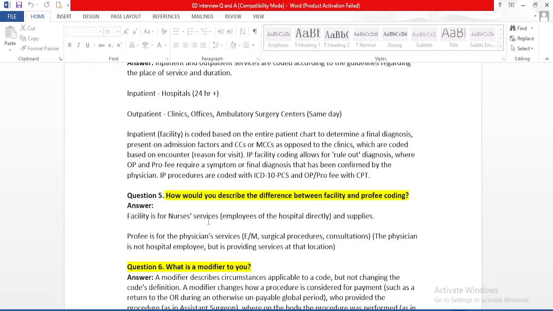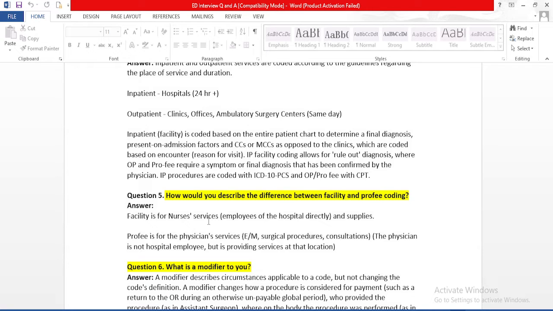IP facility coding allows for rule out diagnosis, whereas OP and profee require a symptom or a final diagnosis that has been confirmed by the physician. IP procedures are coded with ICD-10-PCS and OP profee is coded with CPT.